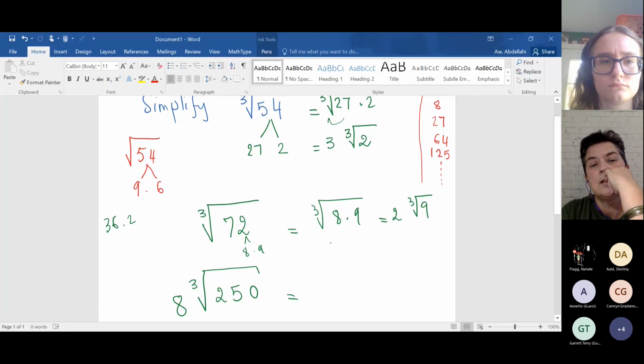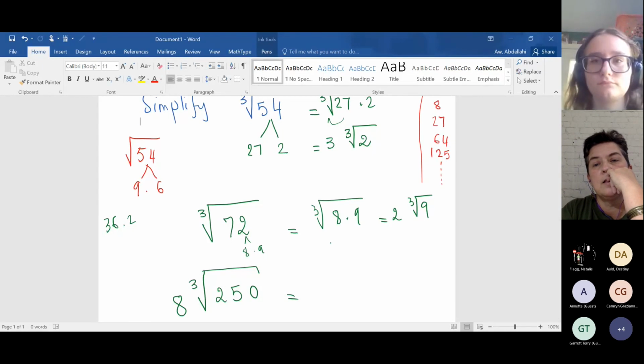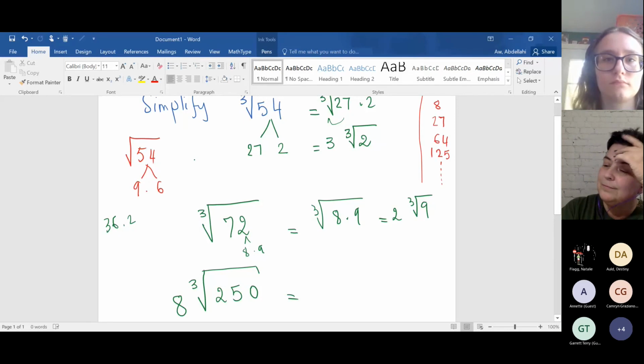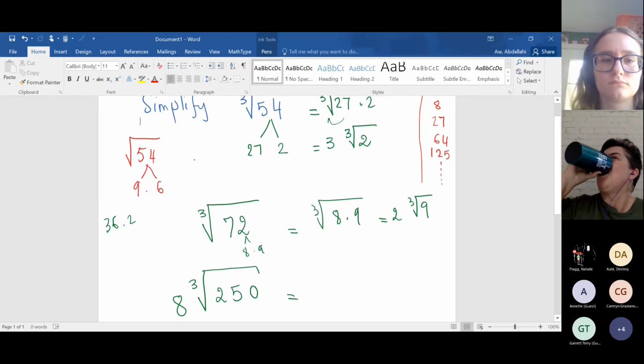How much is the cube root of 8? It's not a cube. 8 is a perfect cube. What is 2 cubed? Oh my gosh. It's not a perfect square, but it is a perfect cube. Yes. Whoops. Right. Okay, for the next one.